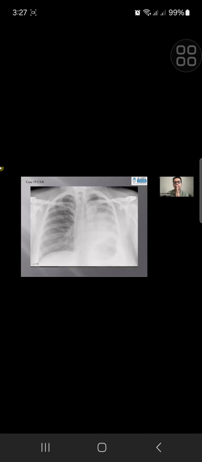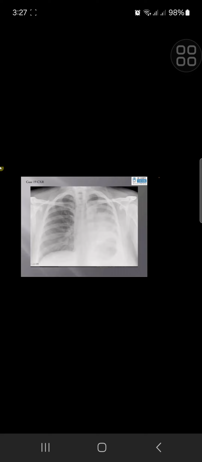So this is the chest X-ray of the same patient. There is a redemonstration of the opacification in the left lung field with ipsilateral tracheal shift and mediastinal shift. There is obscuration of the heart margins as well as the left hemidiaphragm.